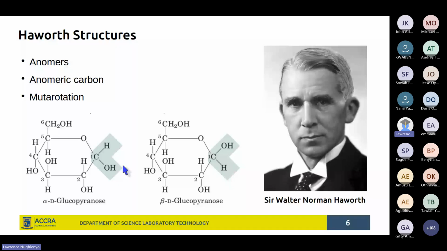So what it means is that in a solution of glucose having this cyclic structure, it isn't that you have purely a solution having alpha anomers, or a solution having purely beta anomers. You can actually have a combination of these two, the alpha and beta anomers.